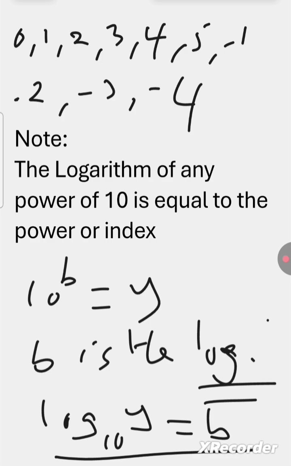So this is what we call the logarithm. This is the base, this is the number.